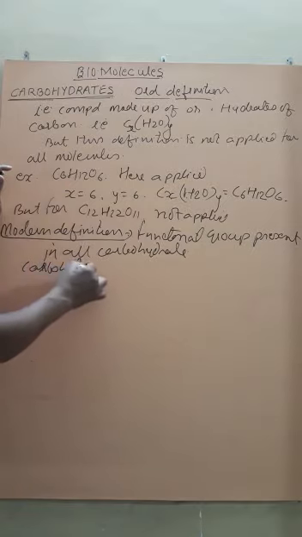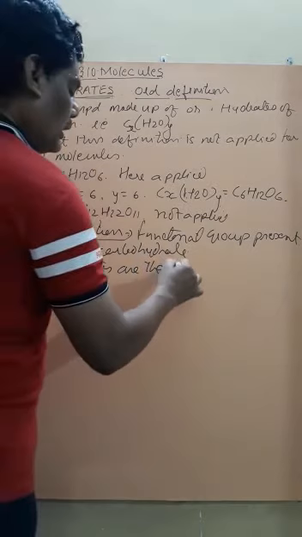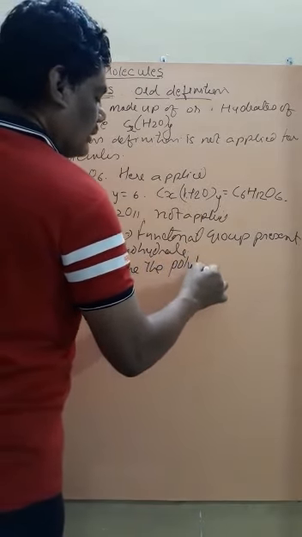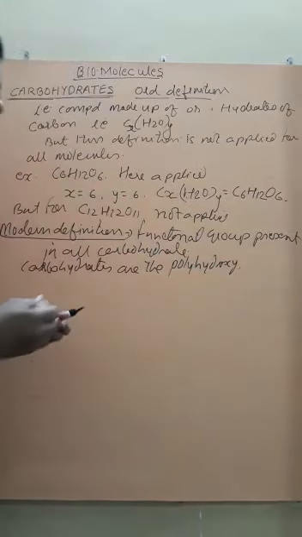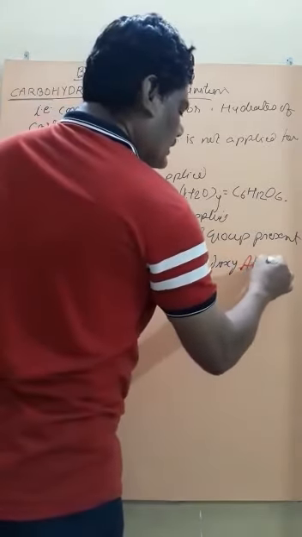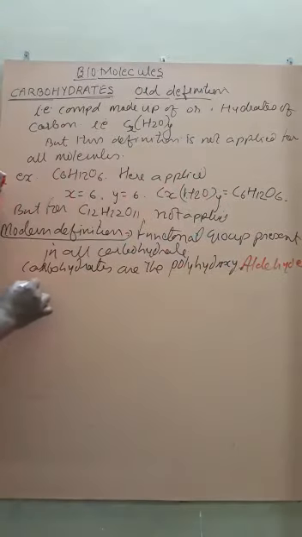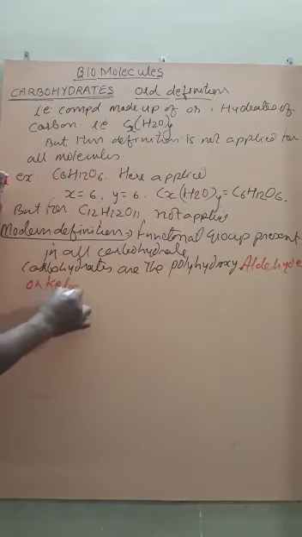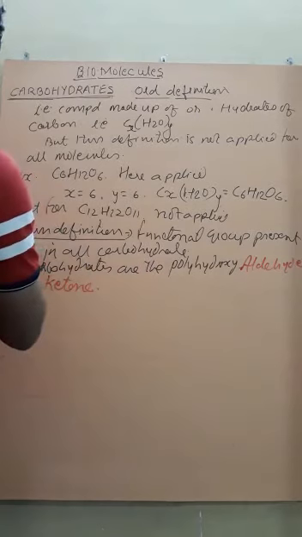So the definition becomes: carbohydrates are the polyhydroxy aldehydes or ketones. Now the functional group is aldehyde, or it may be ketone, aldehydes or ketones. Now on the basis of it we can explain all the molecules.